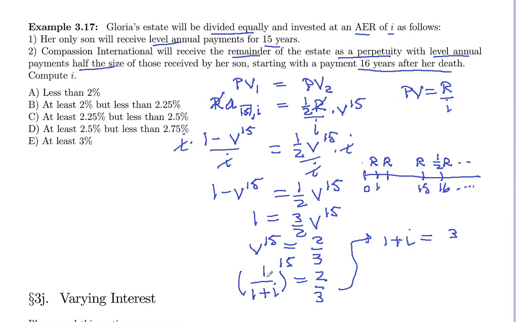Yeah, we can invert both sides. So the reciprocal of 1 over 1 plus i to the 15th is going to be 1 plus i to the 15th, right? Because 1 to the 15th on the top is 1, and 1 plus i to the 15th is on the bottom. And then the reciprocal on this side, 3/2. And then just take a 15th root. 1 plus i is, whoops, not 3/3, 3/2.